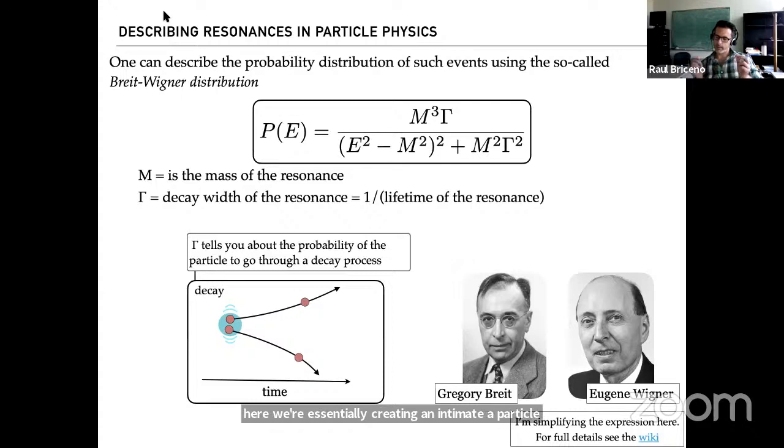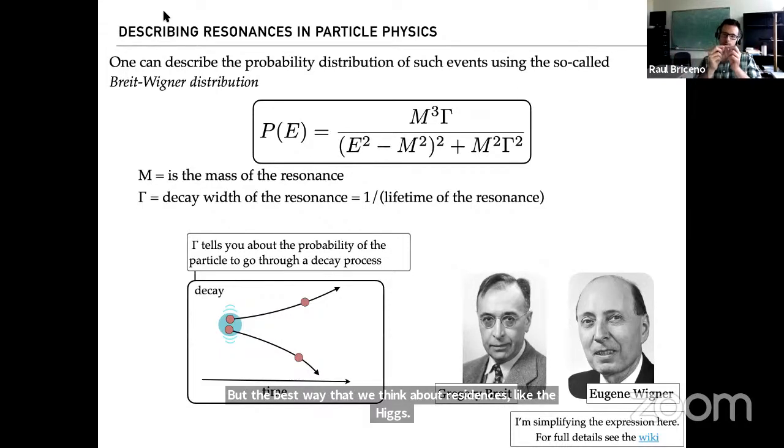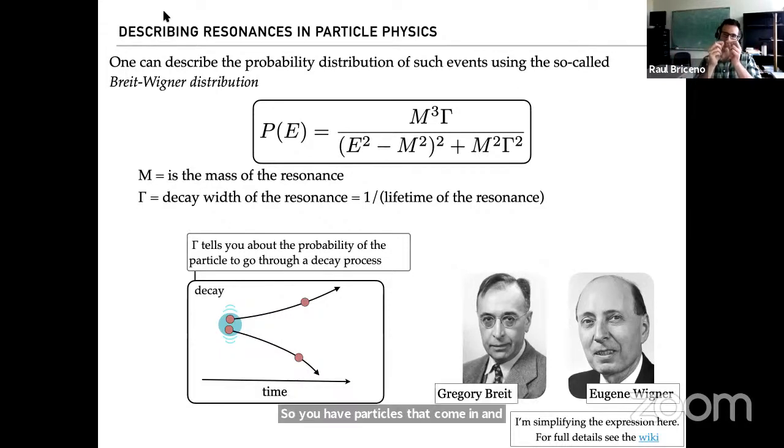The best way that I think about resonances, like the Higgs, is that you have particles that come in and interact with each other. The force is attractive, but not sufficiently attractive for them to become a stable particle, so they become a resonant system, vibrating for a tiny amount of time, and then they decay. And that's what you're seeing.